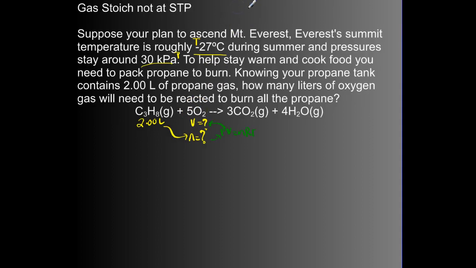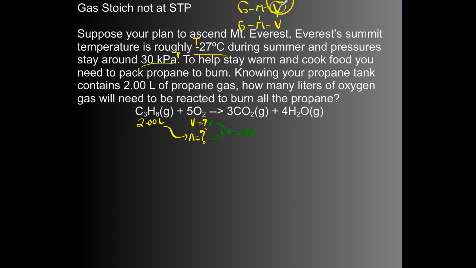What I'm going to do here is use my GMV to solve my problem. Now, I'm currently starting with 2 liters of propane gas, so I'm here.